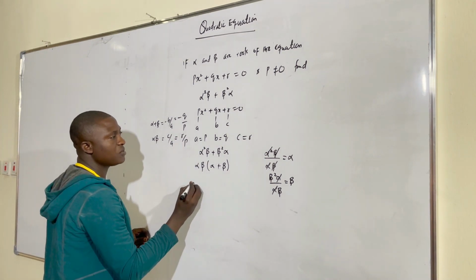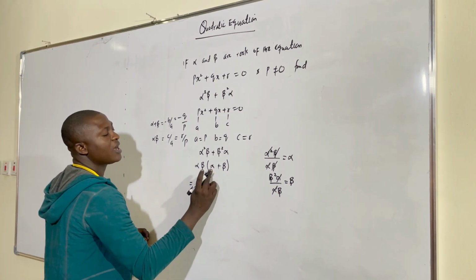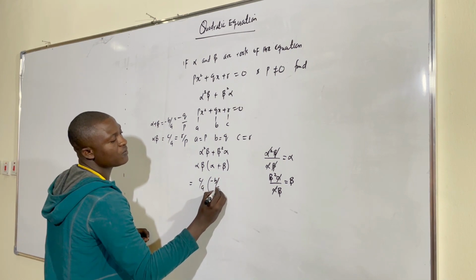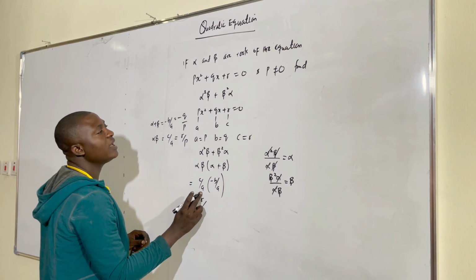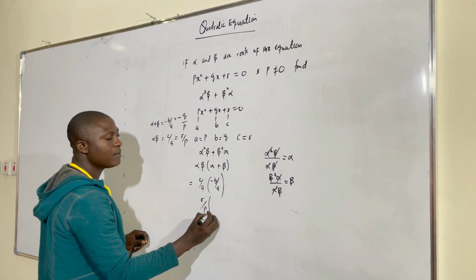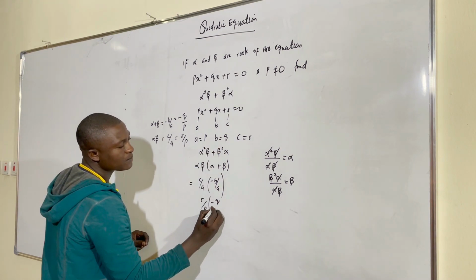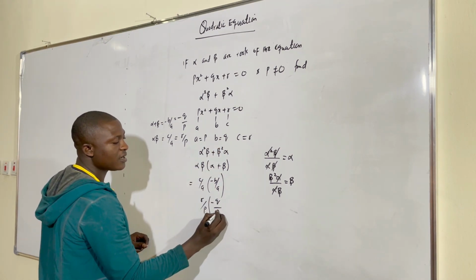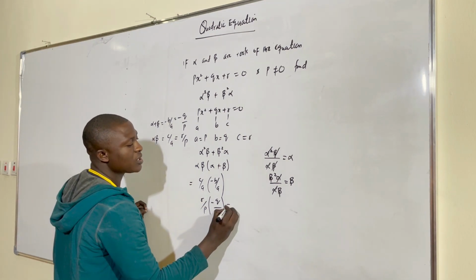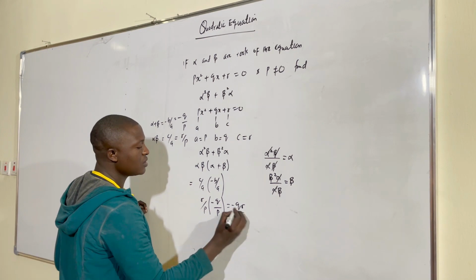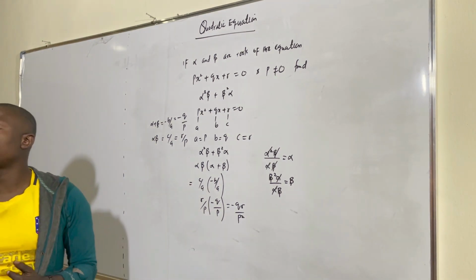Alpha beta is the same thing as c over a. Alpha plus beta is minus b over a. So c here is r over a is p, times minus b is q, a still remains as p. So you can open the bracket of this one. r times minus q, we can have minus qr, p times p, you are going to have p square. That is the form with alphabets.